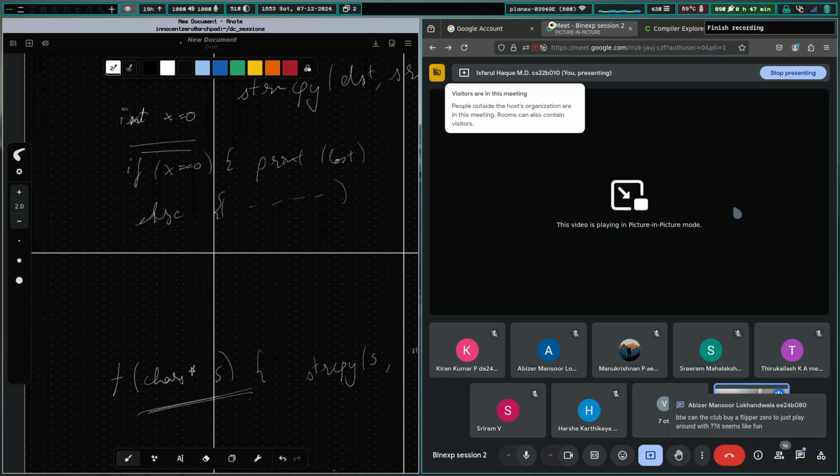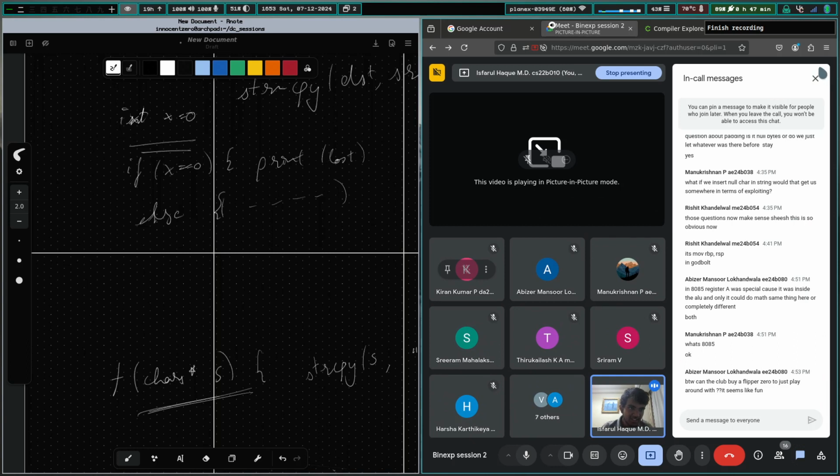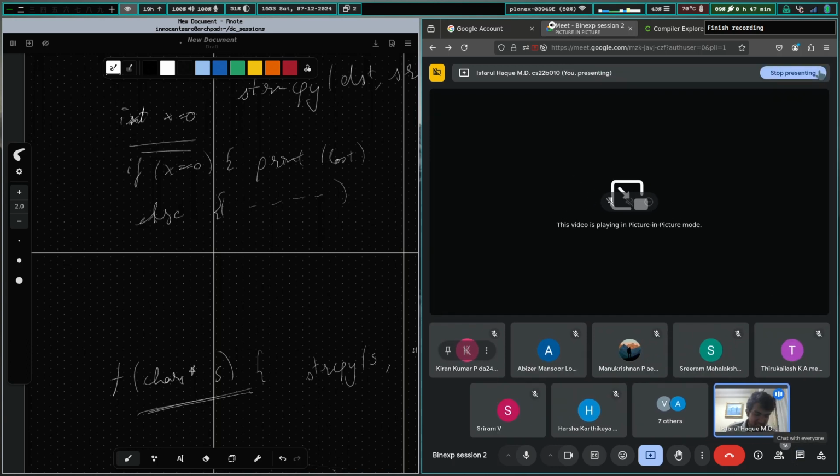Any doubt? By the way, can the club buy a Flipper Zero just to play around with it? Seems like fun. See, we want to buy chips. I need to be there in India to have a discussion and buy. No one is in campus right now, and I'm not even in India, much less campus. We had plans for Flipper Zero. I think we chose some other boards instead, so that we could make our own Flipper Zero kind of tools.